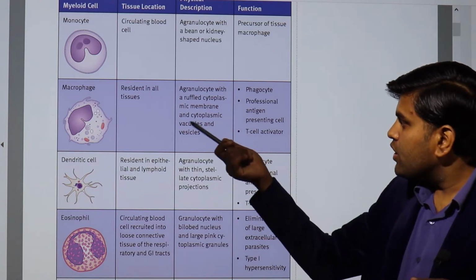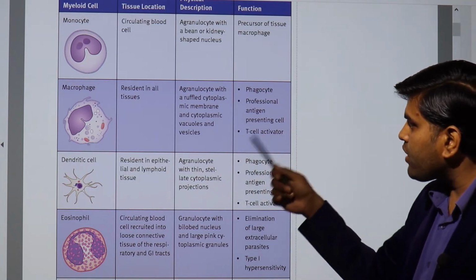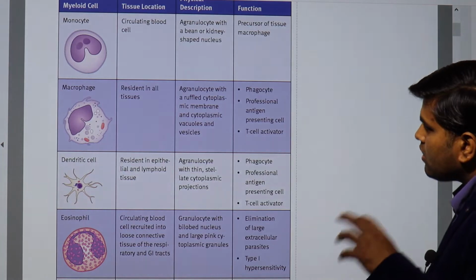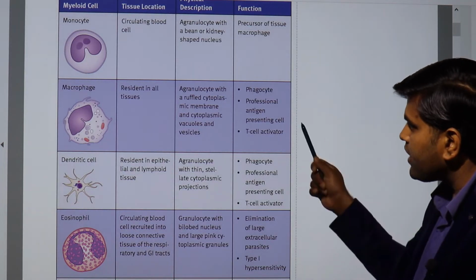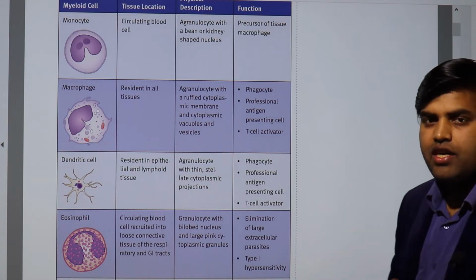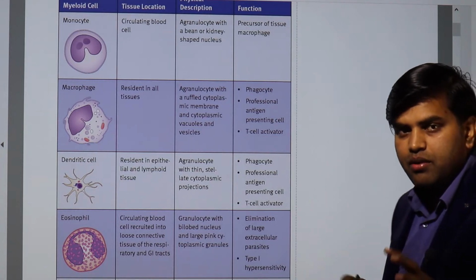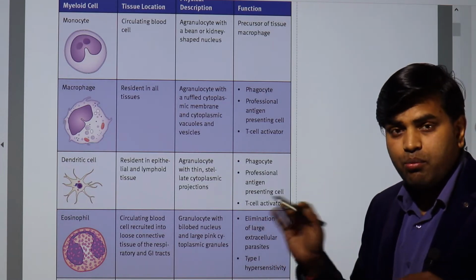They contain a nucleus, but the nucleus is shifted towards one end, and there are vacuoles and vesicles inside that macrophage. This is the phagocytic cell. It can present as an antigen presenting cell. It can also act as a T cell activator. To understand immunology, you should understand that the macrophage is one of the major role players.